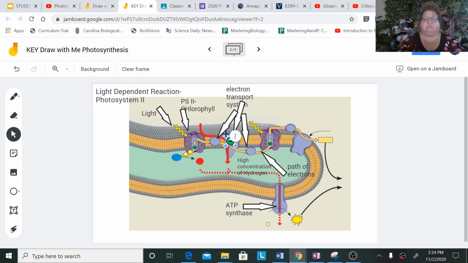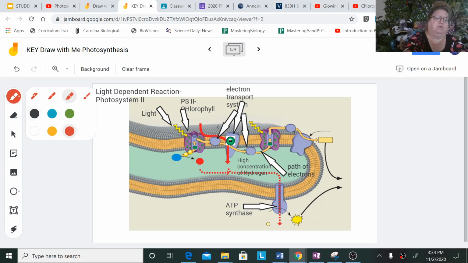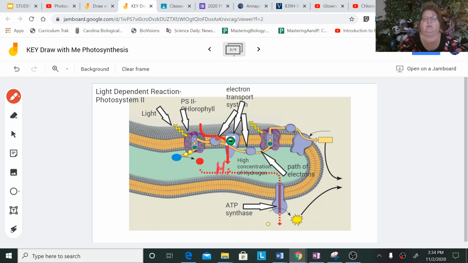As it's in this middle one, it can pump hydrogens through. You're going to see me do this several times. And then it's going to continue on and go to the next photosystem.